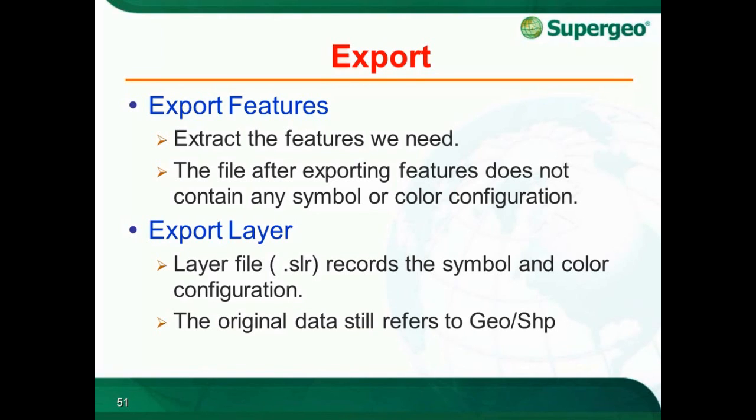In SuperGIS Desktop, if you just need to export the features without any other information, you can choose export to features. And SuperGIS also provides exporting the features in the view extent or just exporting the selected features. However, note that the export result from the export to features function doesn't have any symbology information inside.